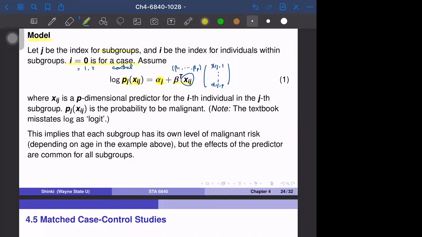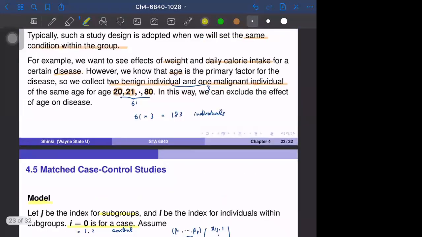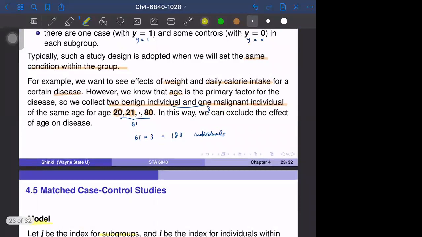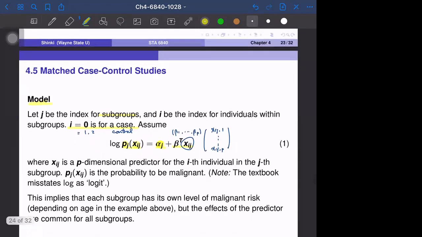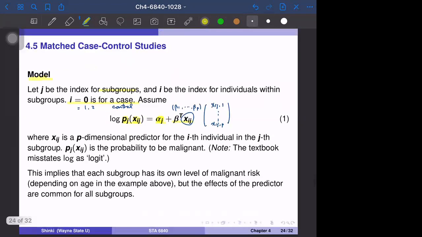So for all ages, the effects of other factors, such as daily calorie intake and weight, are assumed to be the same for all age groups.